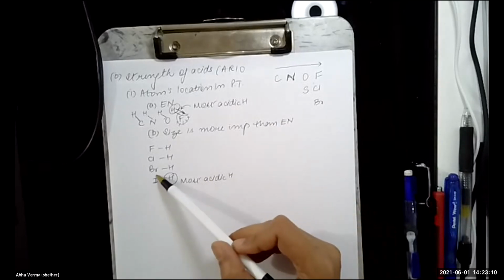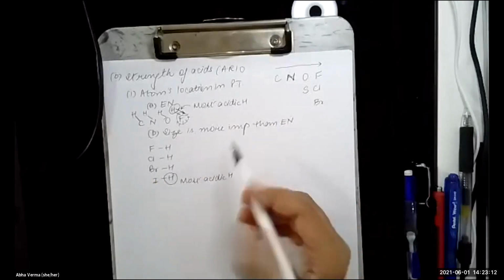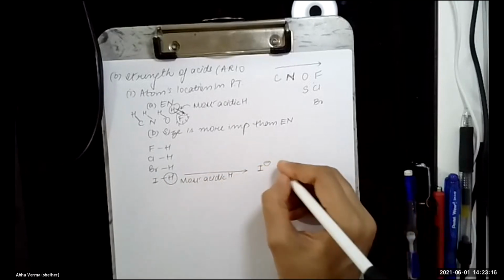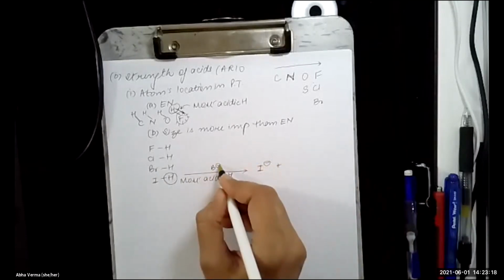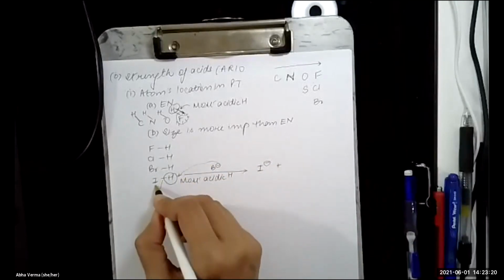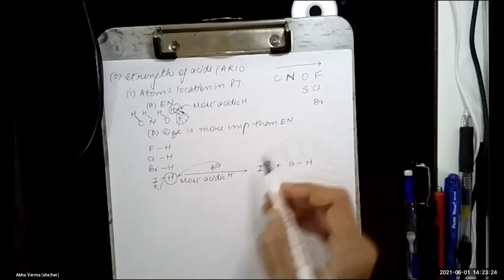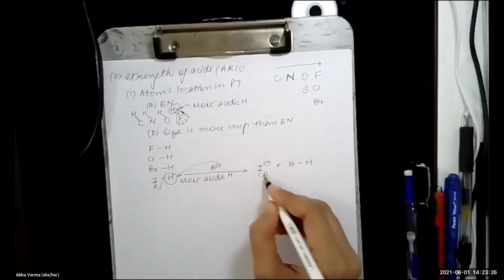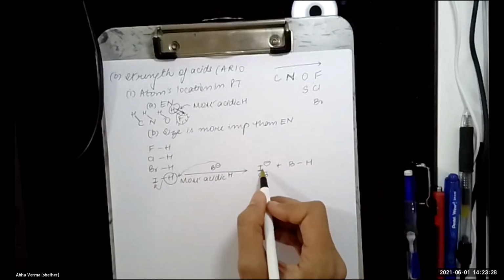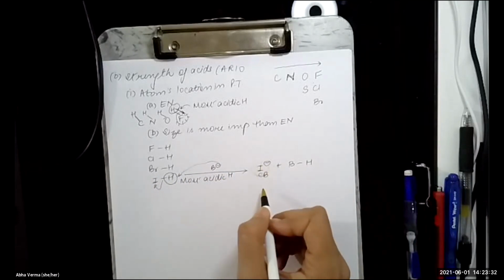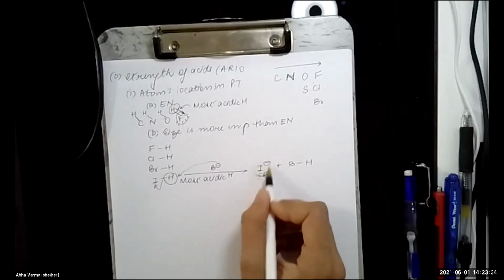Because once this becomes I negative, let's say there was a base with hydrogen, this conjugate base will be more stabilized because of its large size.